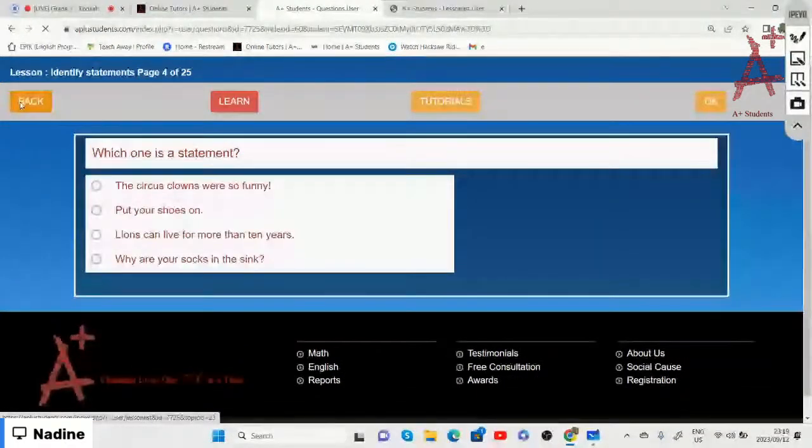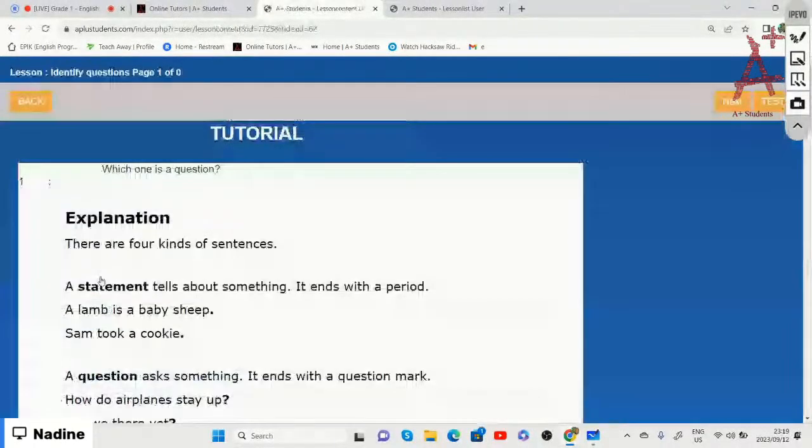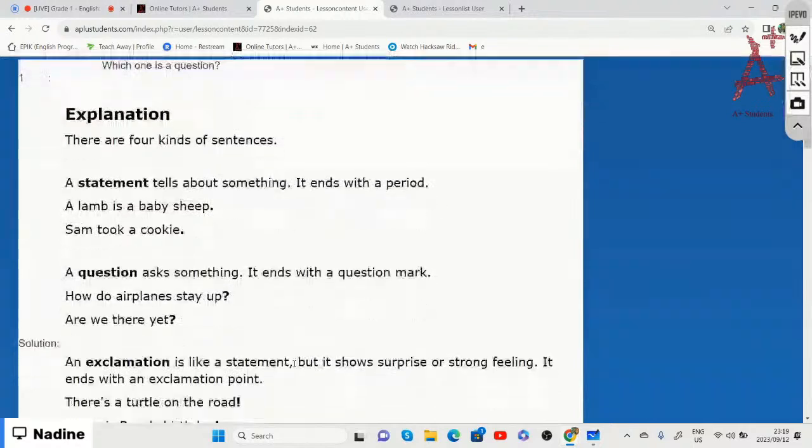All right. So now we're going on to the next lesson, which is to identify questions. With identifying questions, we see that a question asks something and it ends with a question mark.